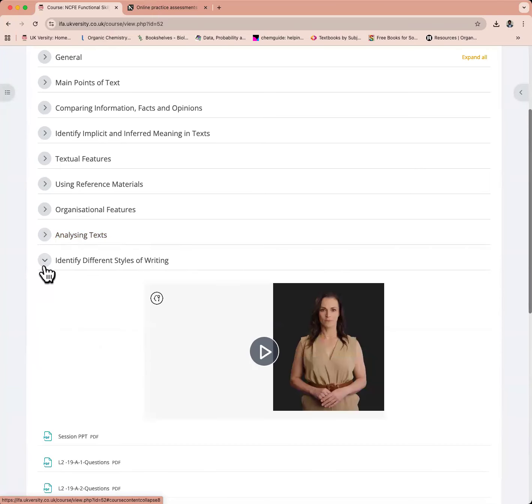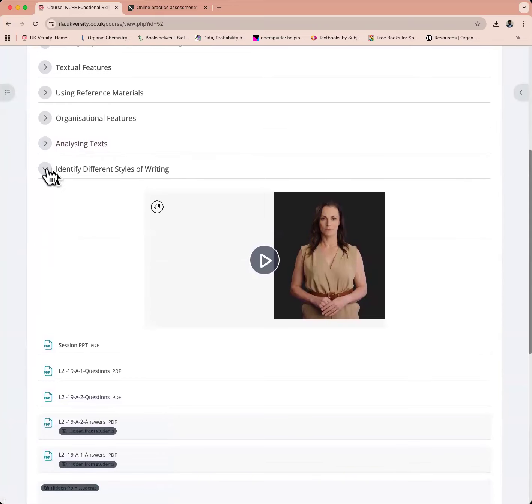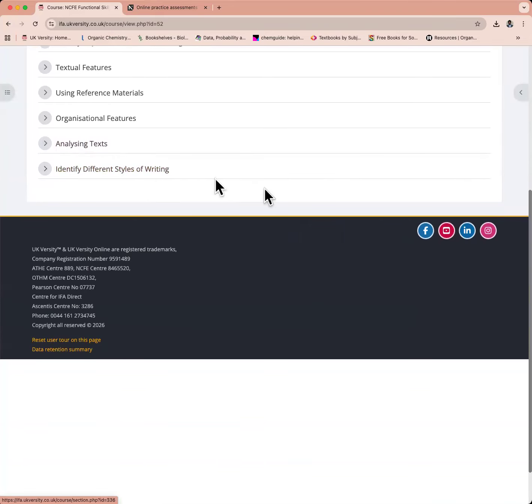And then when you look at identifying different styles of writing, there are different styles. You have journalistic style, fictional writing style, academic writing style, formal writing style, and then writing styles related to both formal and informal English.